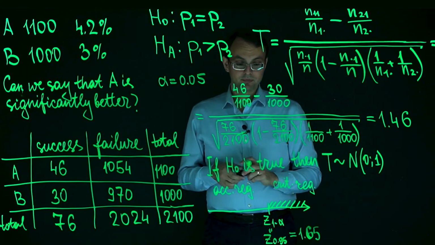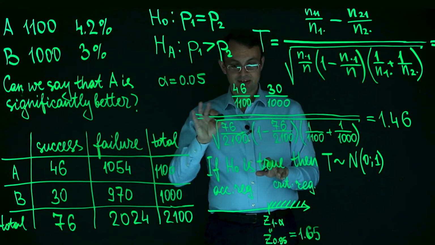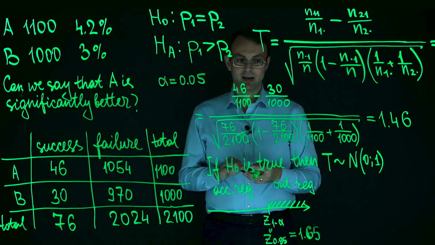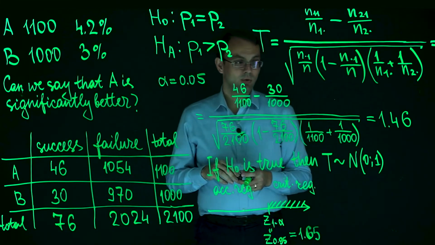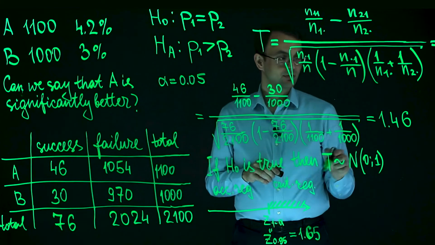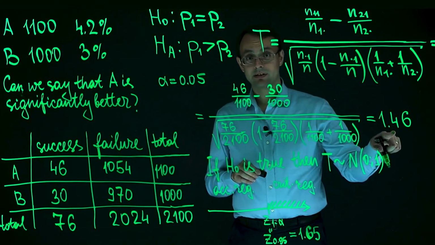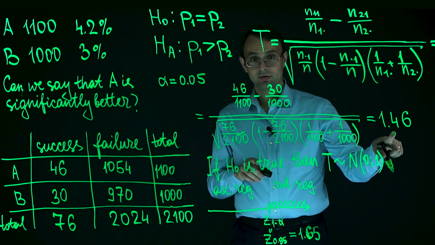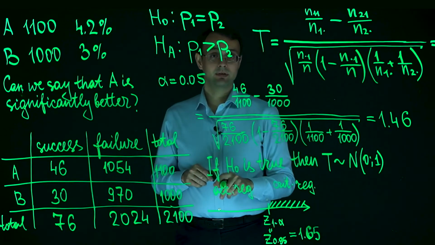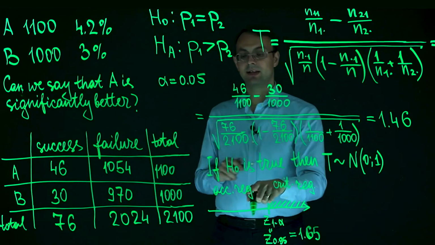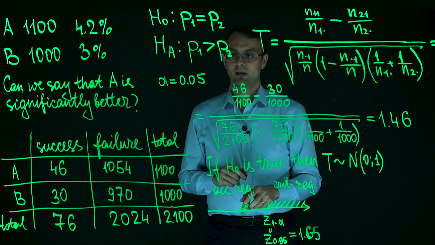So now we have the acceptance region and the critical region, and now we are to see whether our test statistic falls into the acceptance region or the critical one. And we see that our observed value of t is in the acceptance region.